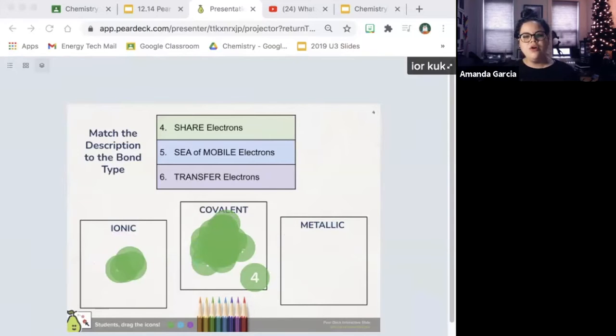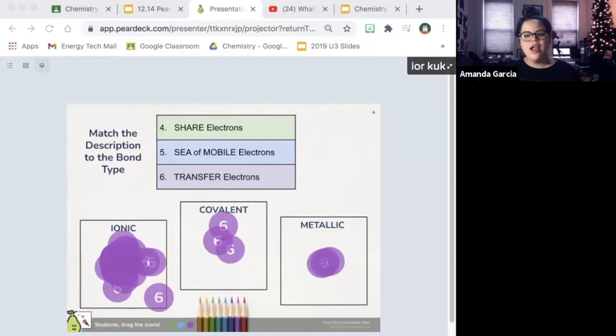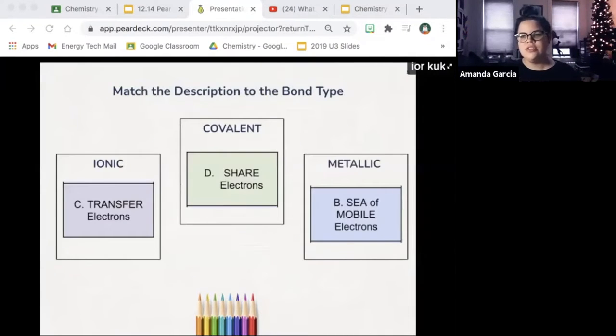Most people are agreeing that blue, number 4, the sharing of electrons, is covalent. Number 5, most people are agreeing that the sea of mobile electrons is metallic. And number 6, it looks like most people are agreeing that ionic bonding is the transfer of electrons. Most of us seem to be in agreement that these are our correct answers.